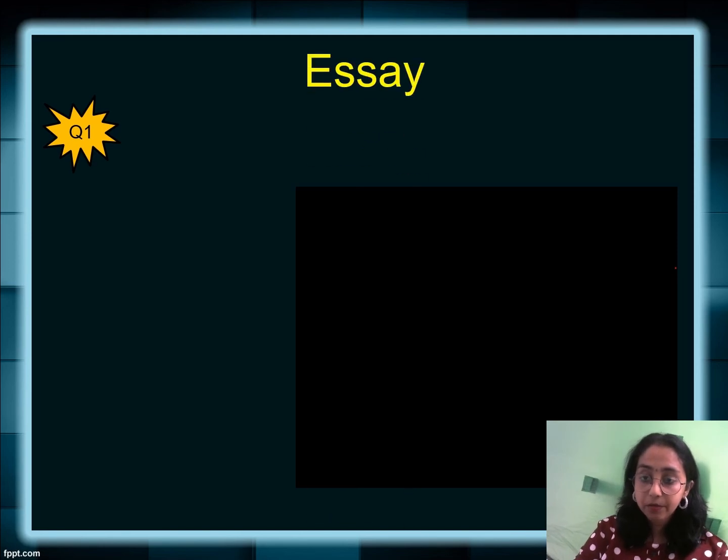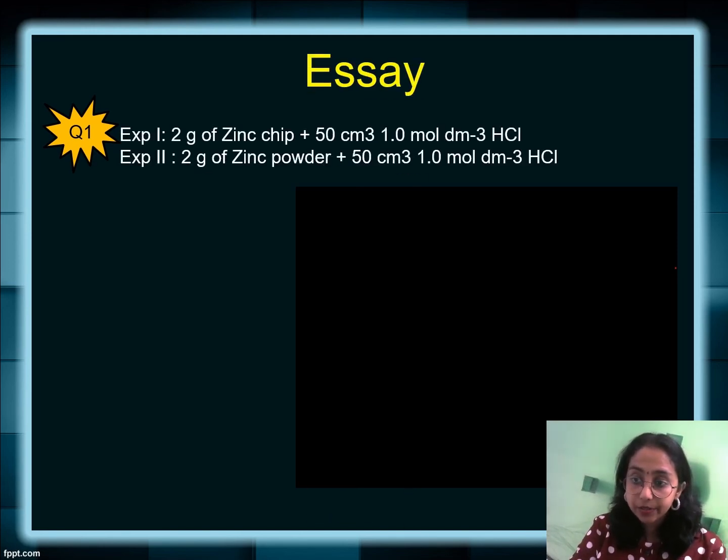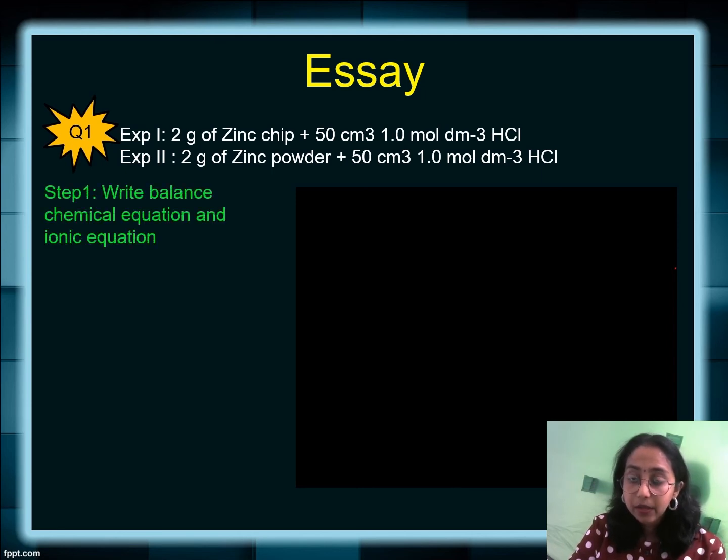Okay, so now we are going to move on to essay writing based on collision theory. Okay, I'm using the same reactions here. For you to write your essay based on collision theory, my advice is, firstly, please write your balanced chemical equation and ionic equation.